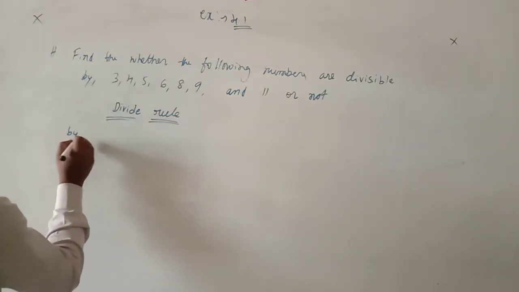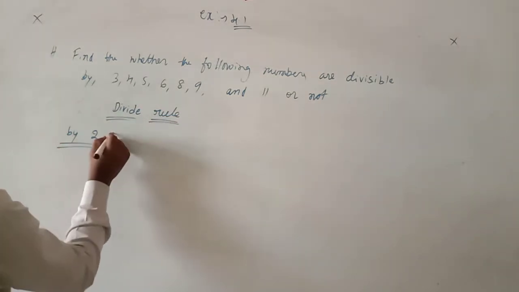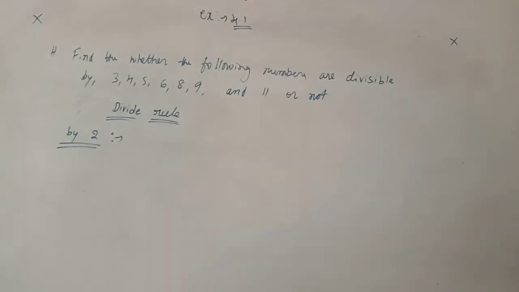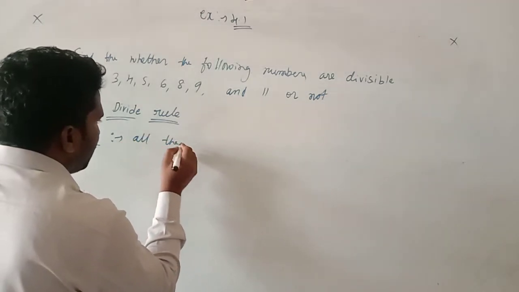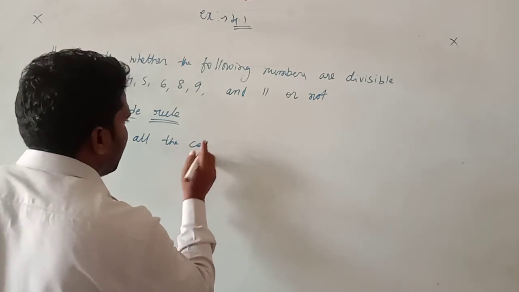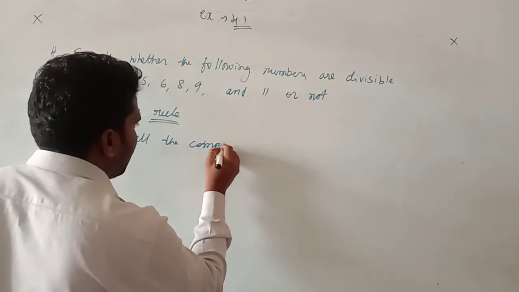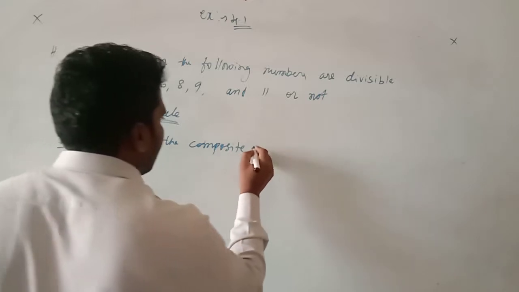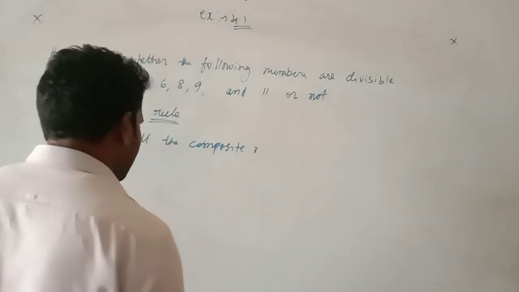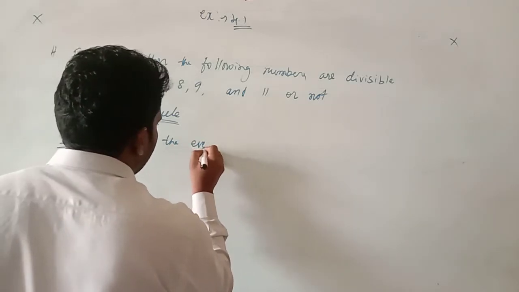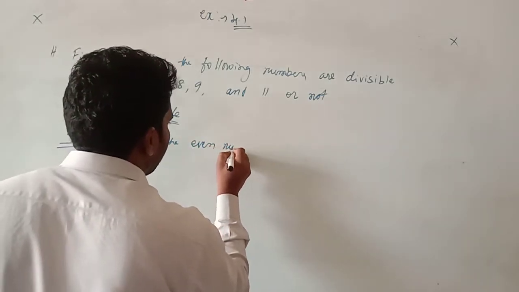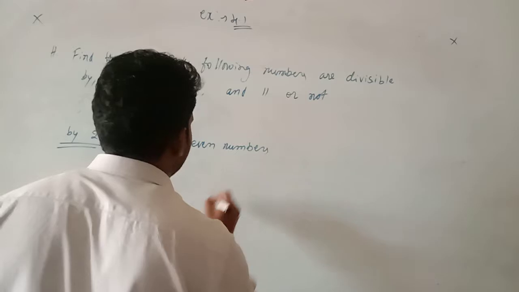Divisible by 2. Which numbers can be divided by 2? Not all prime numbers, not all composite numbers, only even numbers.